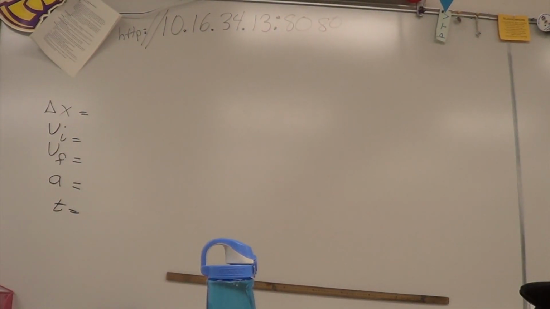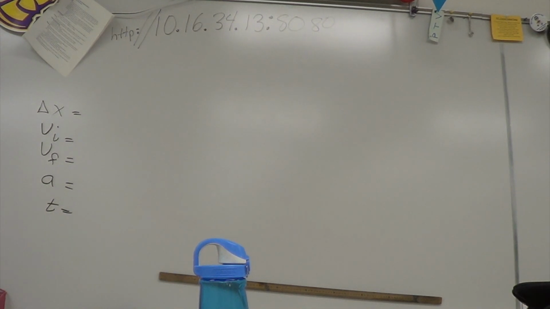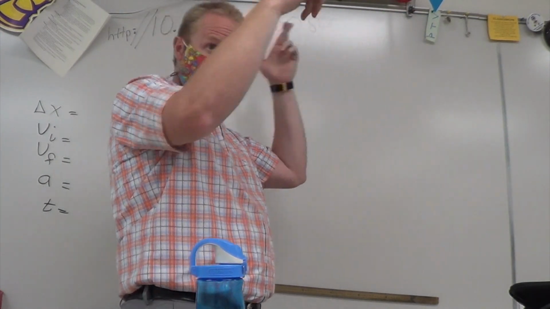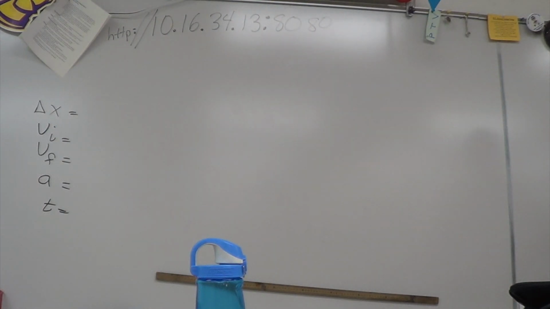So if we go to our list, liftoff velocity of 33 meters per second. We have a plane who's going down the runway and they're going to lift off. They're going to fly. Fingers crossed, they're going to fly at the end of the runway. In order for them to lift off, they have to be going 33 meters per second.